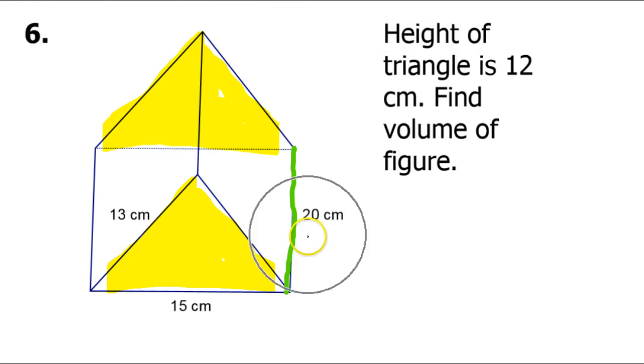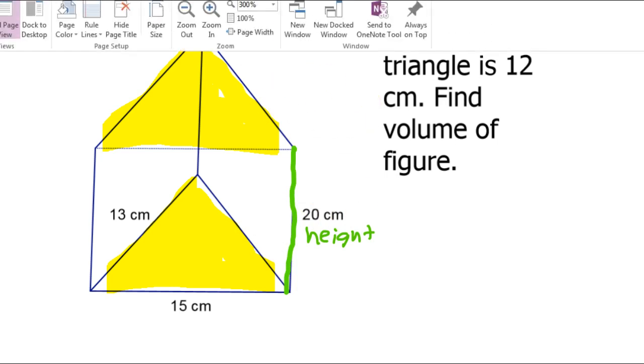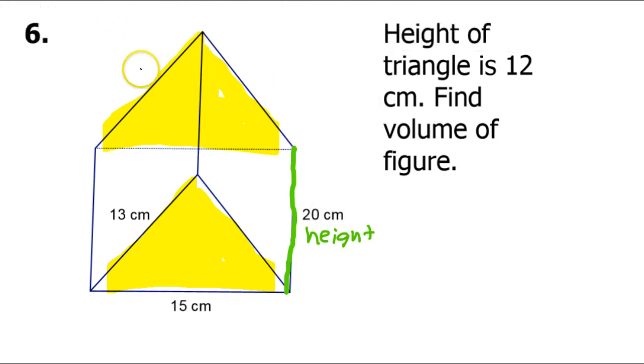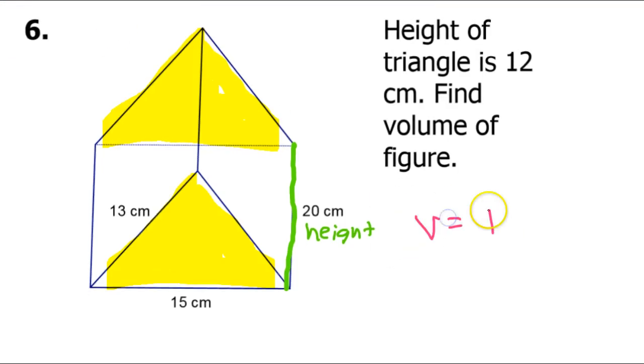So just keep that in mind. This is the height of the prism. But look, the formula for the volume of a prism is area of the base times the height.